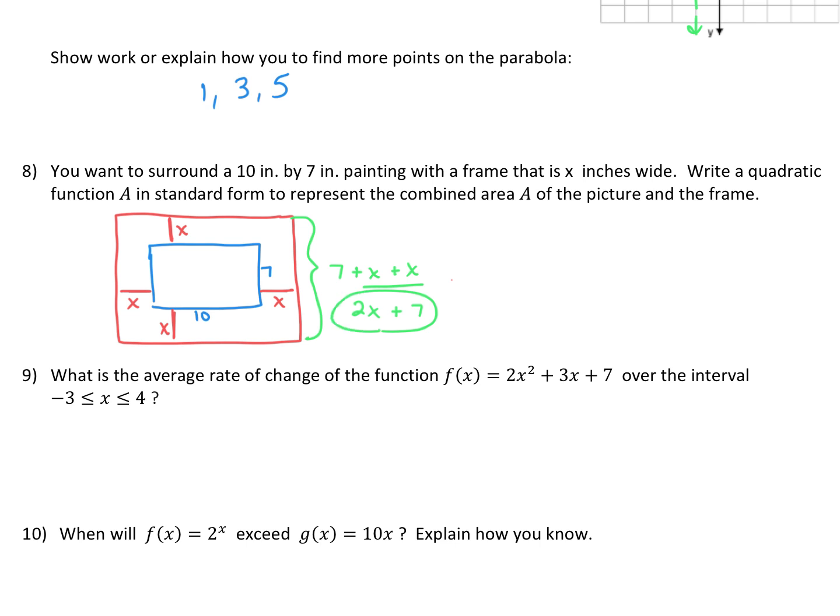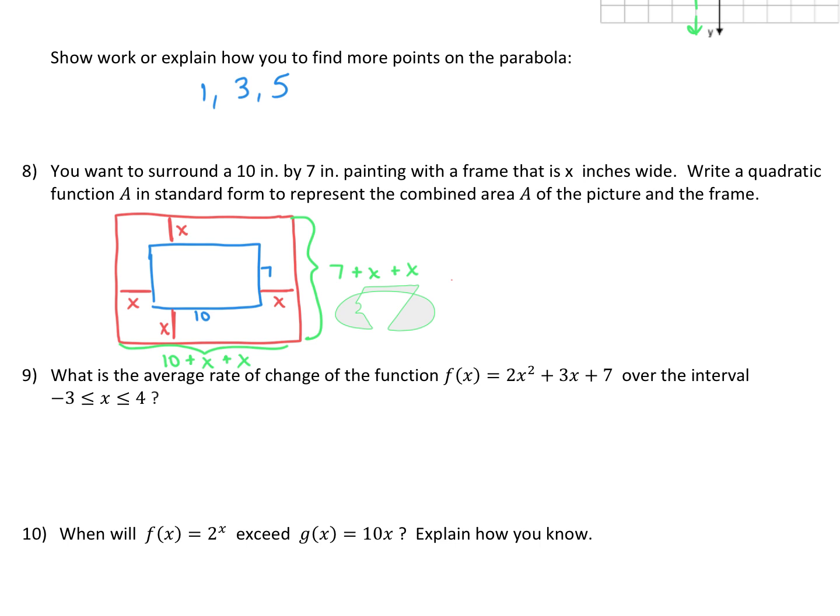There is our width. Now the length, same idea. We want to know how long this whole thing is. Well, it started out 10 inches, so we've got our 10 inches, but then we added on X to the right, and then we also added on X to the left.